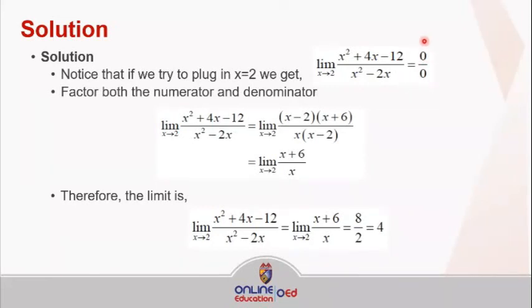So, i-apply ulit natin yung factor out natin, both the numerator and the denominator. So, for the x squared plus 4x minus 12, we have the x minus 2 and x plus 6. So, nakuha siya kasi kapag minultiply mo yung 6 at saka yung 2, makuha natin yung value na 12.